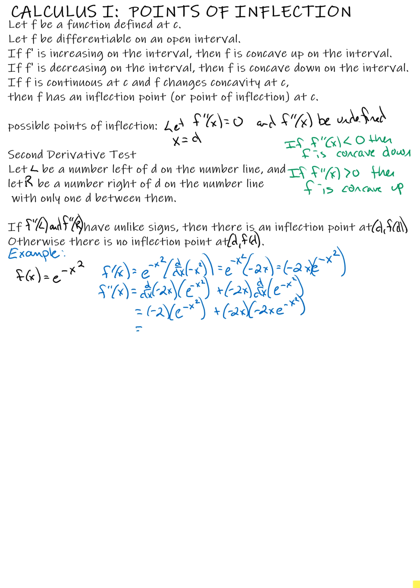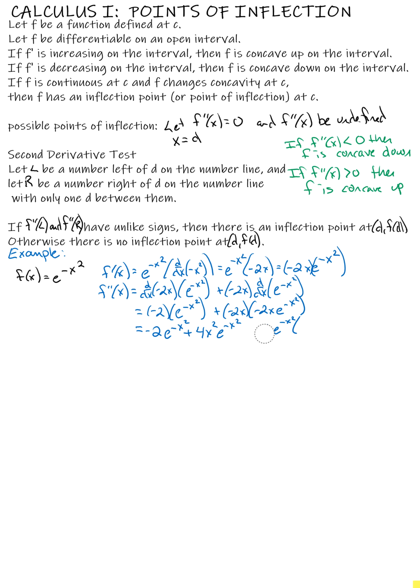All right, simplify this just a bit. We get negative 2e to the negative x squared minus 4x squared e to the negative x squared. I think it will be nice to go ahead and factor out both a negative 2 and an e to the negative x squared. Oh wait, you know what, let's not factor out the negative. Let's leave that in. You could if you wanted.